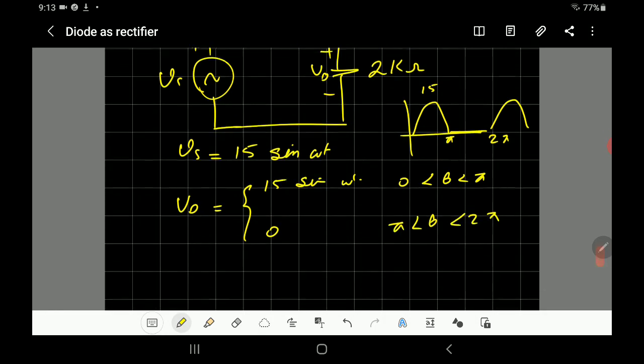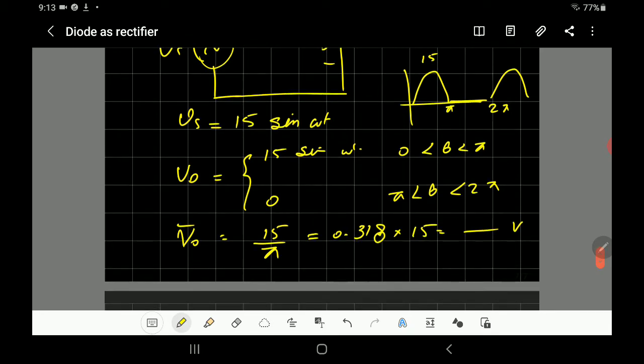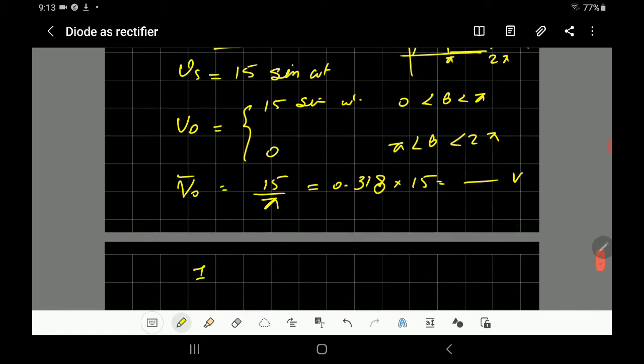And then we continue. If you want to find the average value, it's V maximum over pi, which is equal to 15 over pi. Or you can multiply 0.318 times 15 and you get the result in volts. To find the current, you just divide.